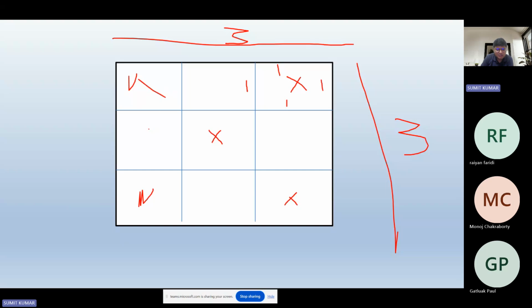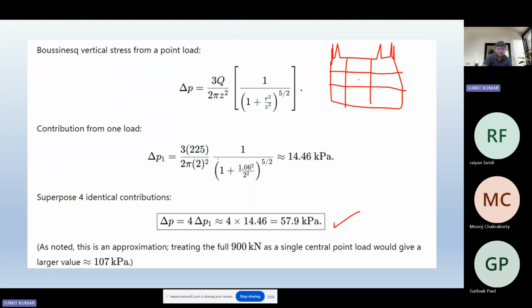But the value of r from here is nothing but 0.5 plus 0.51111. So in that way you could calculate. Just for understanding, I have drawn this, so you could solve using the 9 small parts, and this will be very easy but quite interesting. If you are interested, please solve.